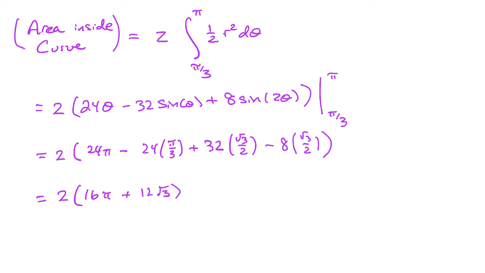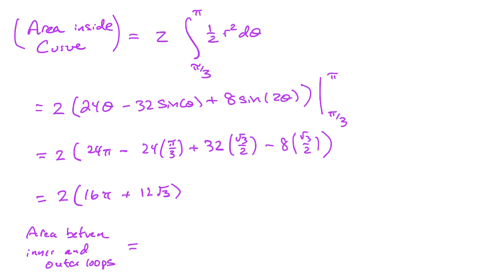So then the area that we're actually looking for, so the area between the inner and outer loops, is then going to be given by the total area.